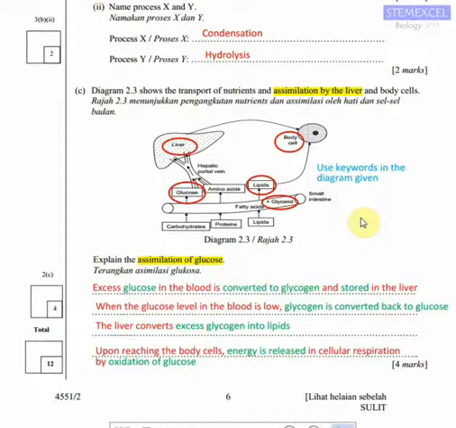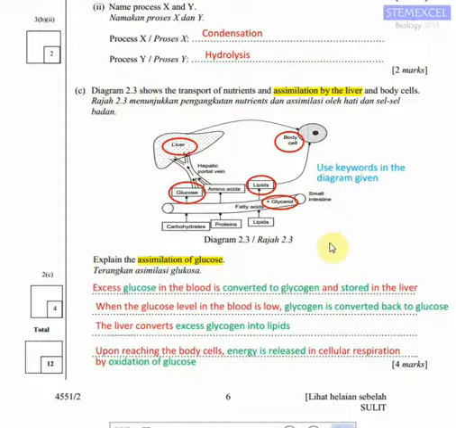So again, remember, whenever you are asked to explain something, usually you will also be given at least a diagram, and always use the keywords in the diagram given, and always try to look at the diagram to get some idea how you are going to explain the process. So over here in this diagram, you have a few keywords that you can use: liver, glucose, lipids, glycerol, body cell. I think this should be enough.